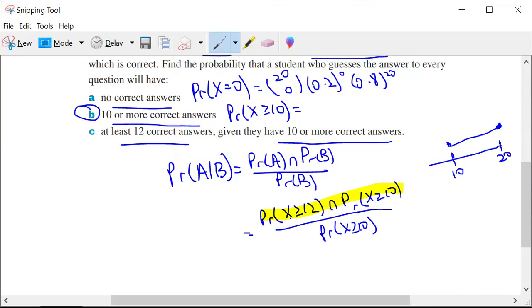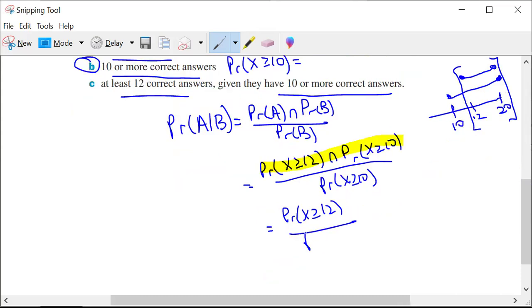The other event is X bigger than or equal to 12, so from 12 closed circle all the way to 20. Where they intersect is the simplified expression. So the top expression can be simplified to X bigger than or equal to 12, because that's where the two probabilities intersect.